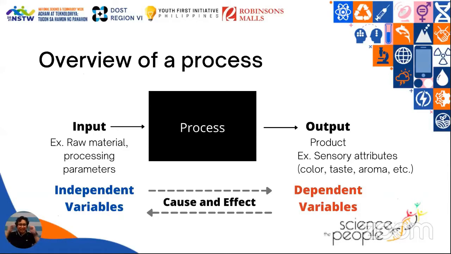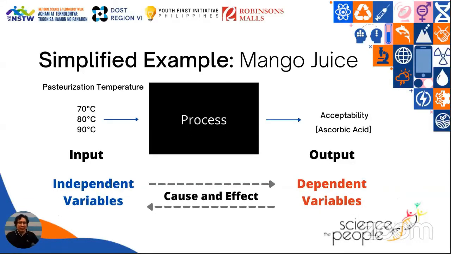To further understand the concept, let's have an example. So for example, you want to develop mango juice, and you wanted to see the effect of pasteurization temperature towards the acceptability and ascorbic acid or vitamin C content of your juice products.